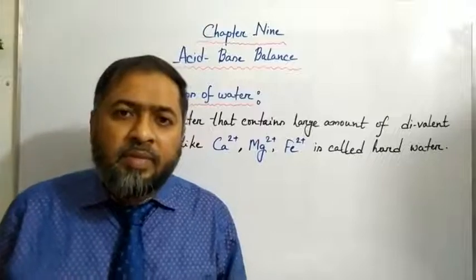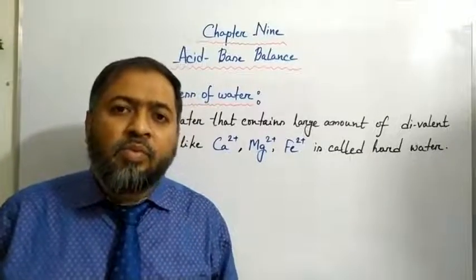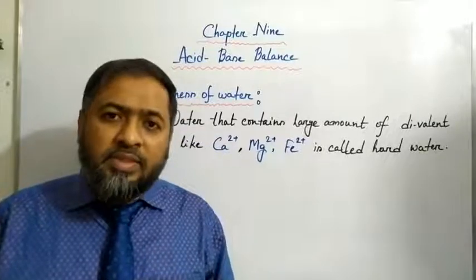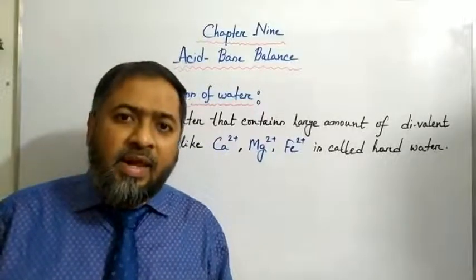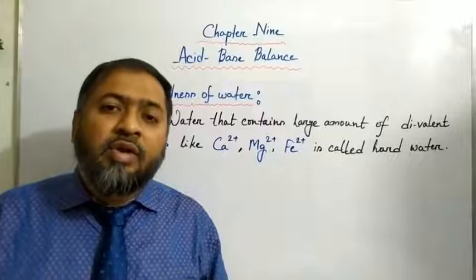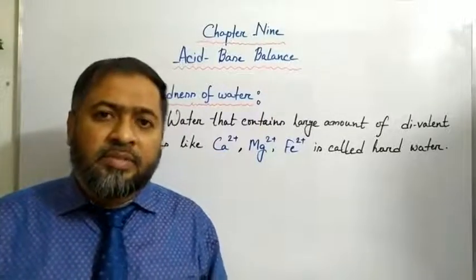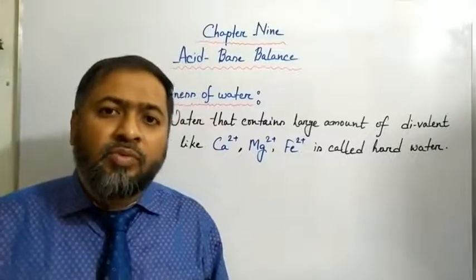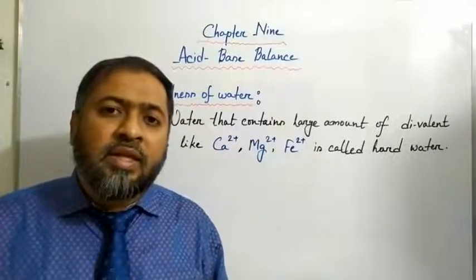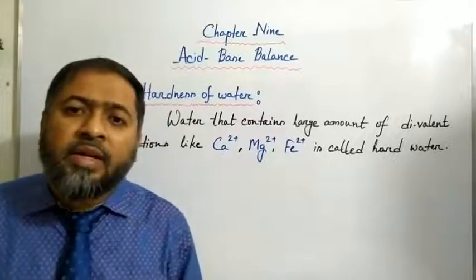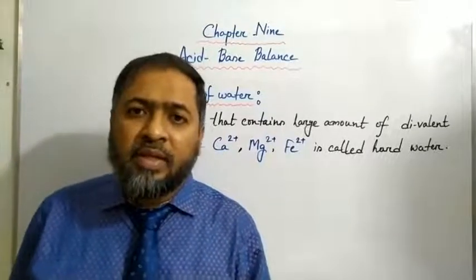In this part, I am going to discuss water pollution. We know pure water is known as life. Due to our different activities, we pollute the water, and among this pollution, one is making hard water. Now, what actually is hard water?